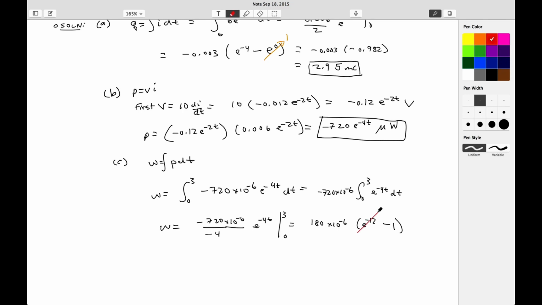And e to the minus 12 is really, really close to 0. So that means that my value for W is going to be negative 180 microjoules. All right, and that's the solution for example 2.